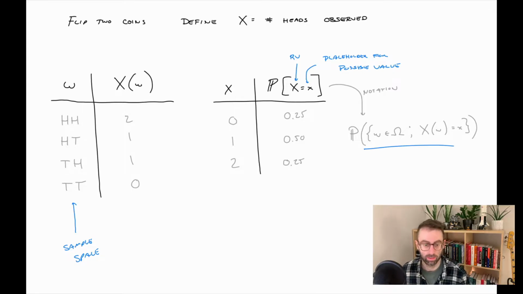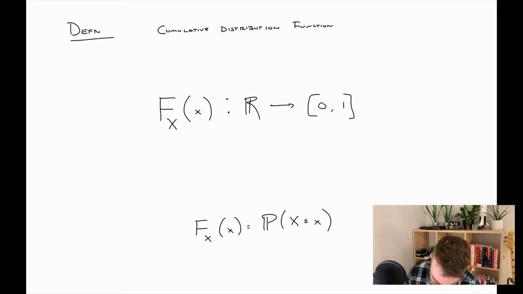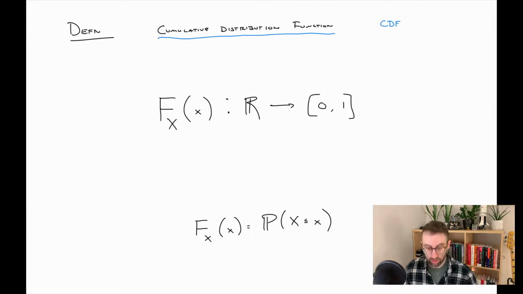Now we want to talk about related concepts. First we want to define the cumulative distribution function, otherwise known as the CDF. Cumulative because it basically accumulates probabilities up to a certain number.